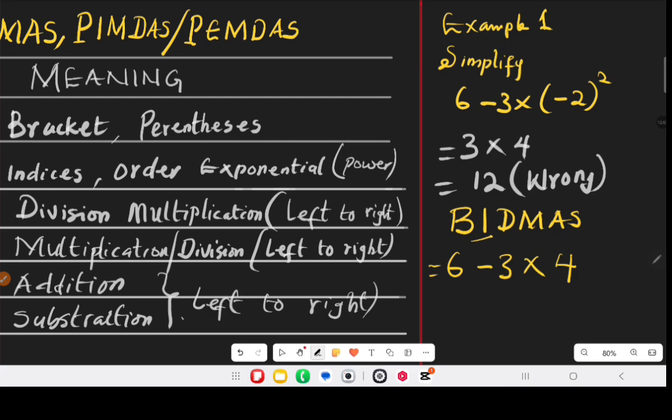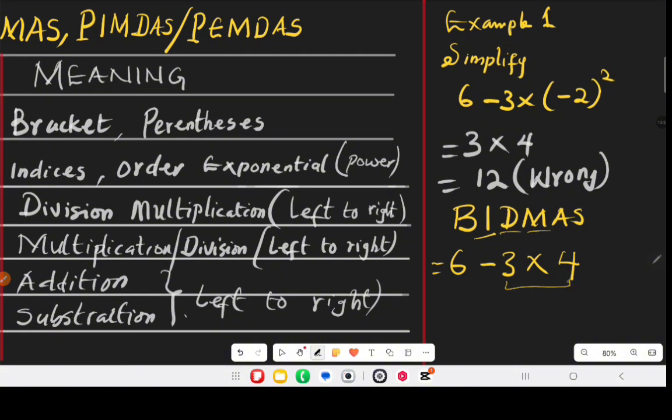Now, following the rules of order of operation, we don't have division. Next is multiplication. When we multiply 3 by 4, we have 12. Then we have 6 minus 12, which gives us minus 6 as the correct answer. So this is correct, while the other is wrong.